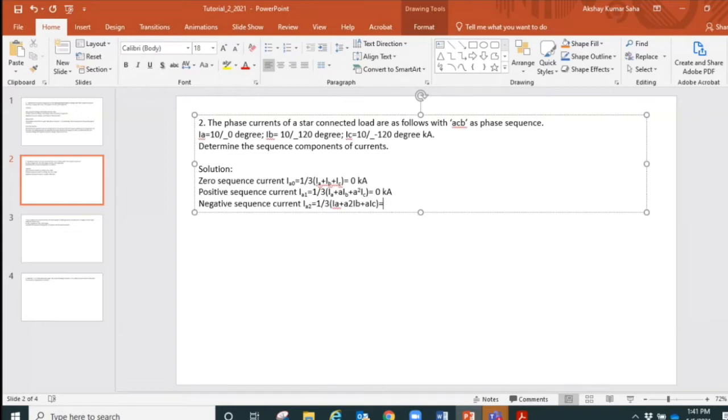This key is not working. Okay, 10 at an angle 0 degree kilo ampere. Everyone getting that? And these are all subscripts.